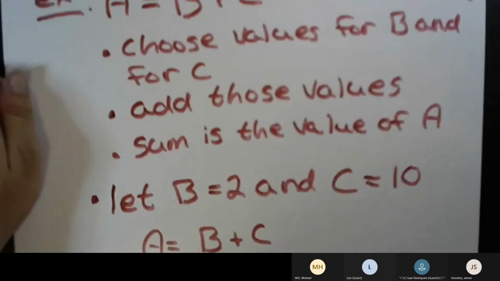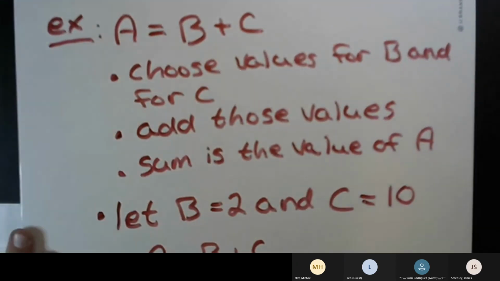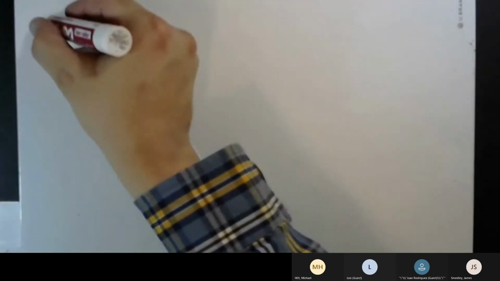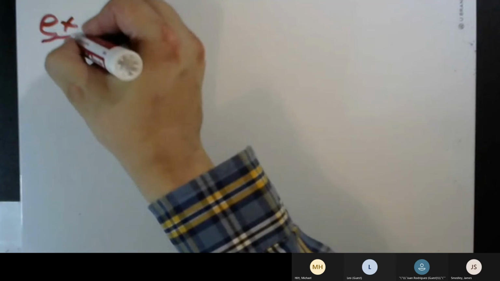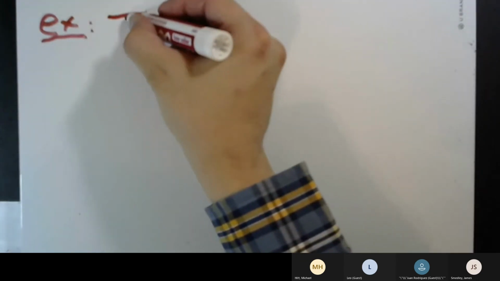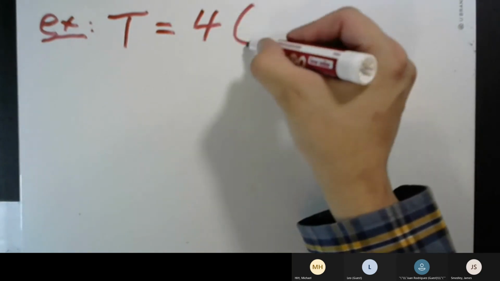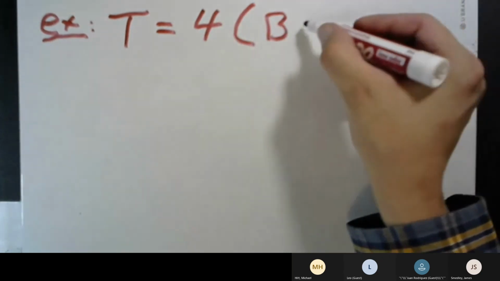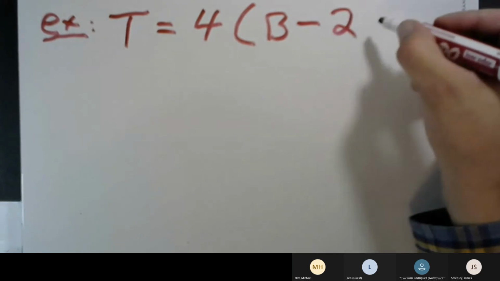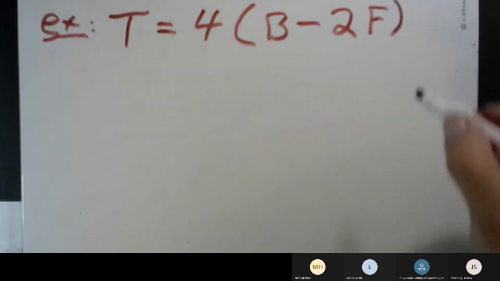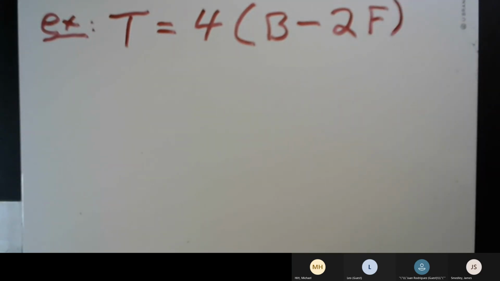Now let's say we do something a little more complicated. Let's say T equals 4 times B minus 2F. I don't know, it's some crazy formula.